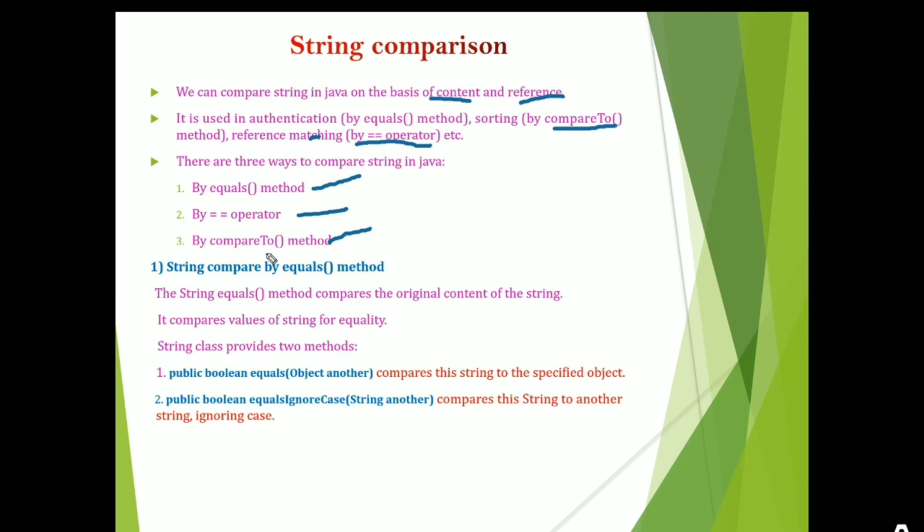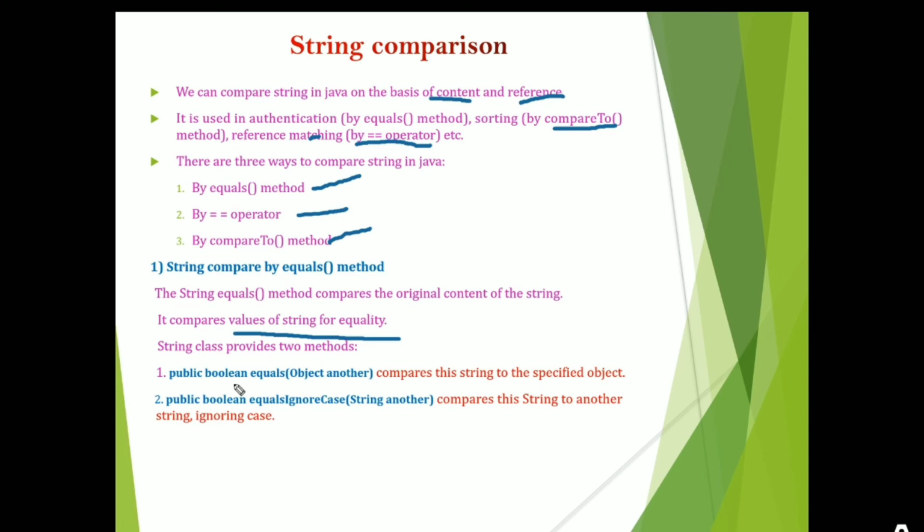String compare by equals method. The equals method compares the original content of the string. It compares the values of both strings for equality. For this, String provides two methods, equals and equalsIgnoreCase.